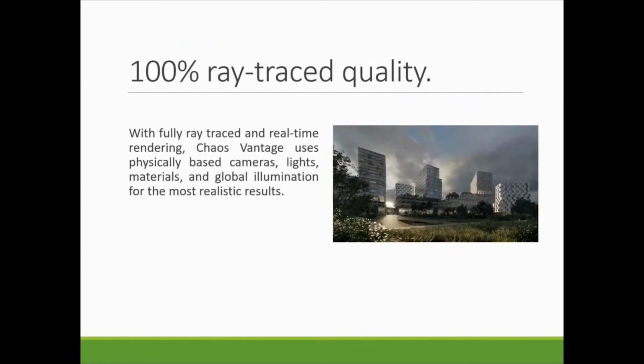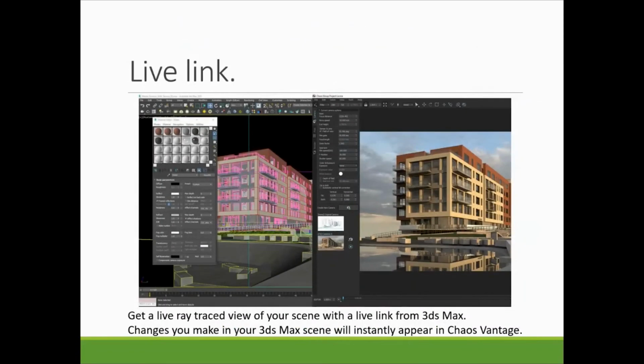See, since it is fully ray traced and real-time, we can get more realistic results in no time, and it uses physical-based cameras, lights, and materials, and global illumination for the best realistic results. We can get a live ray traced view of our 3D scene with a live link from our 3ds Max.